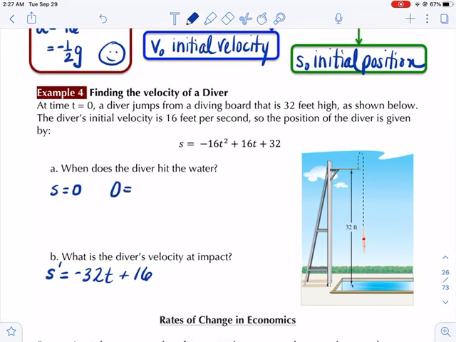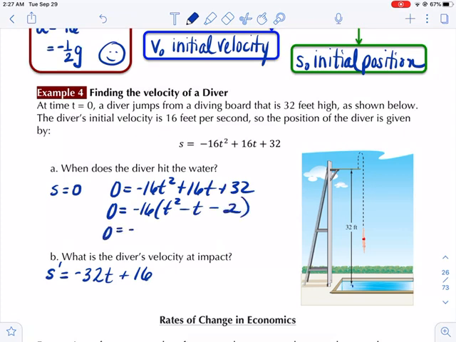is equal to negative 16t squared plus 16t plus 32. And then in solving that, we could factor out a 16 or a negative 16 to be left with t squared minus t, and then minus 2. So factoring that further, negative 16, I'll leave it there, t minus 2, t plus 1 should be the factoring.